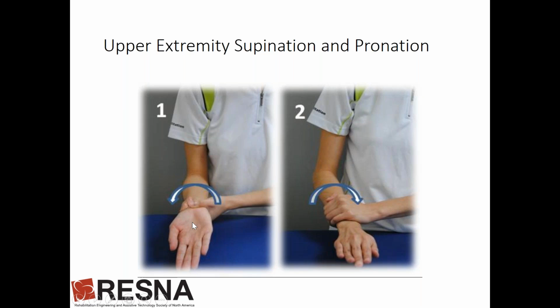So supination, you're holding soup. Pronation, your palm is down. Sometimes with spinal cord injury, you see this. Sometimes they end up resting. And as a spinal cord therapist, you have to be really, really aware of this because if somebody is resting in supination, how are they going to drive that power chair? How are they going to access things? So we want to splint, train, strengthen, do whatever we can to keep them in pronation.